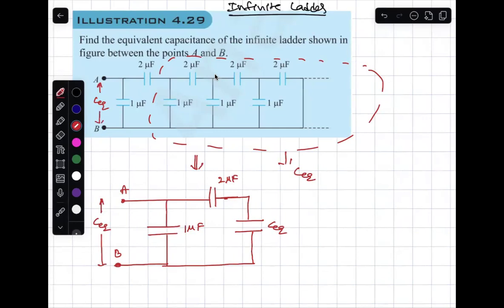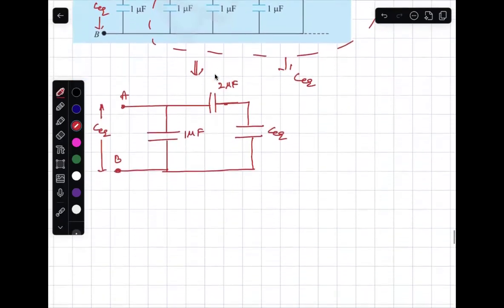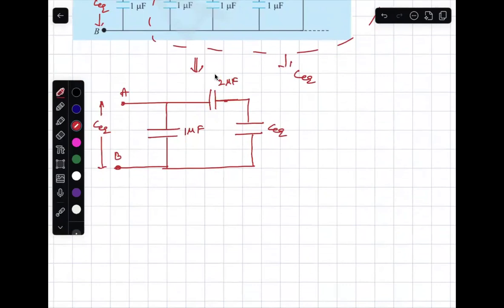Any doubt in that? Please ask me right now. I forget about that highlighted part. Otherwise, if I ask you what is the effective capacity across AB, you will say C equivalent. If I remove first 1 microfarad, second 2 microfarad also, you will say C equivalent because it is infinite later. Right. Now, 2 microfarad and C equivalent are in series. So, 2 into C equivalent by 2 plus C equivalent, plus 1 microfarad.